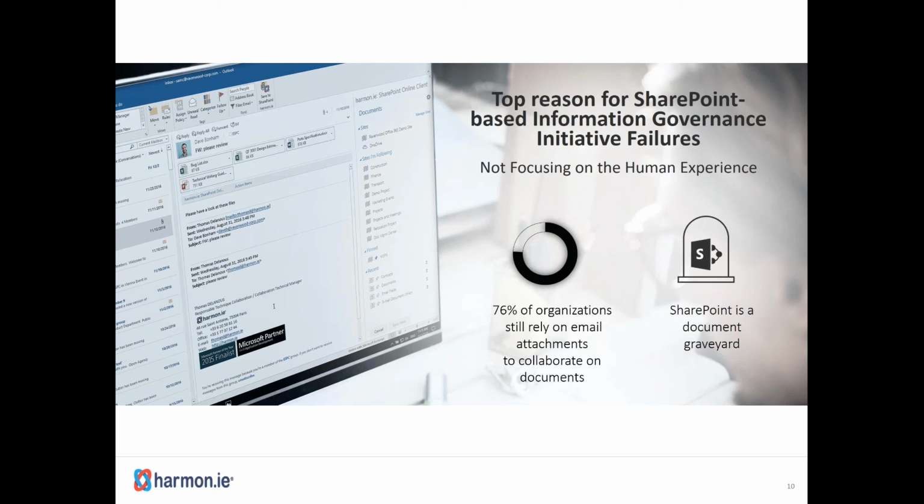The way to deal with that is what we call the last mile of information governance. By humanizing it and making it easy for people to do the right thing, this is really the key to the success of the project. You can define your best policies, do a great job of taxonomy with all your metadata, and even set up automation through things like approval chains for approving emails and documents.